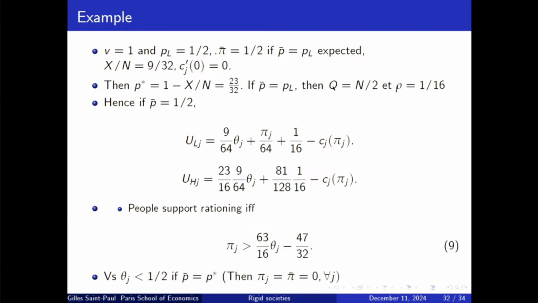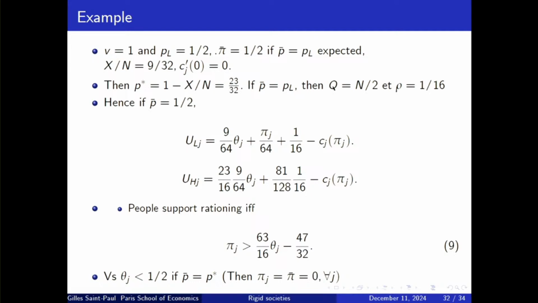We have this equation 9 that tells you who is going to support rationing if rationing prevails. Basically, if I expect rationing to prevail, I have invested in my social network because I expect rationing to prevail, and if my social network pi j on the left-hand side is large enough compared to my wealth theta j on the right-hand side, then I'm going to support rationing.